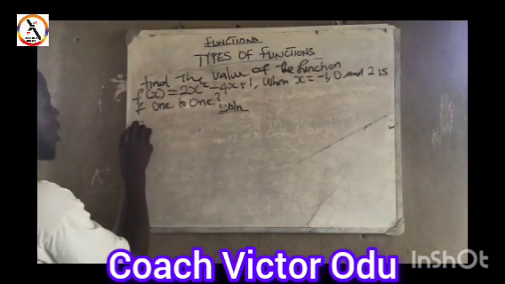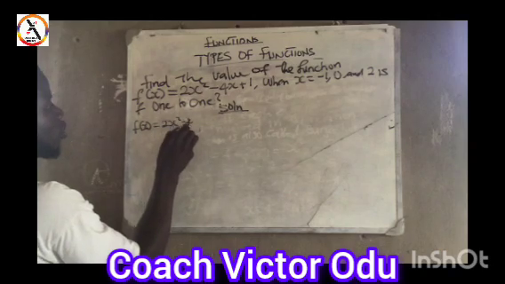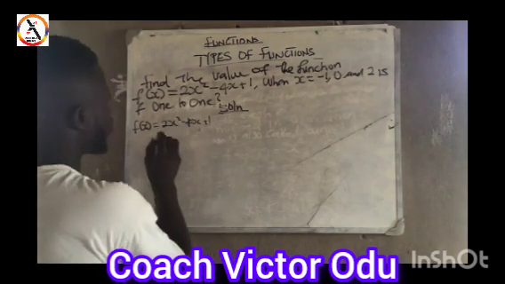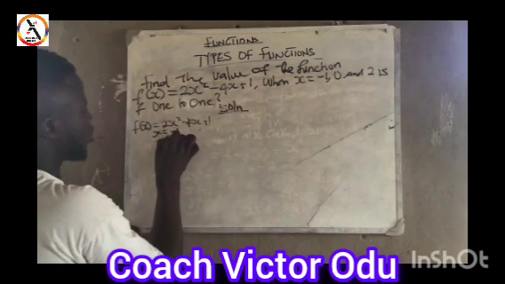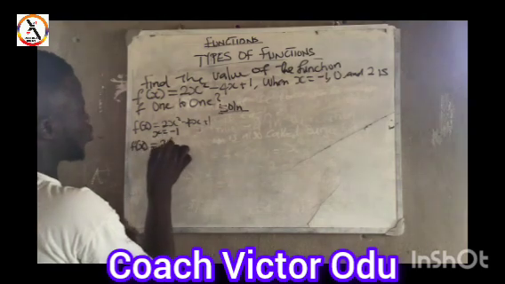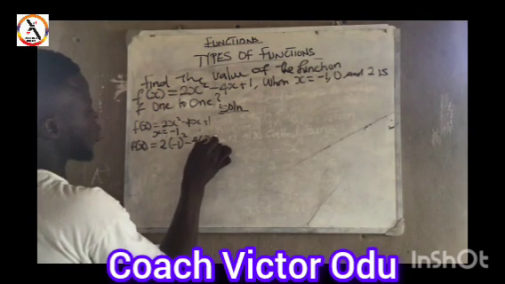So we have f of x equal to 2x squared minus 4x plus 1. When x is minus 1, f of x is equal to 2 into minus 1 squared minus 4 into minus 1 plus 1.